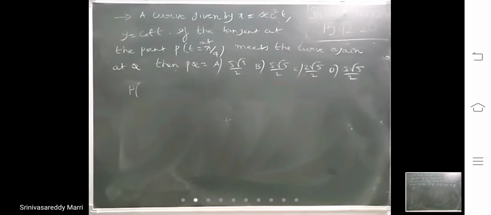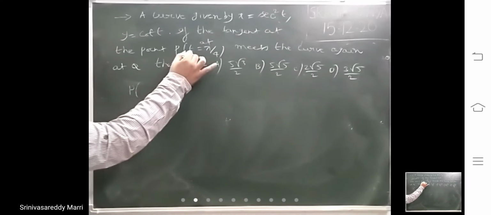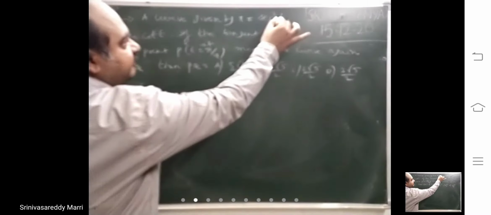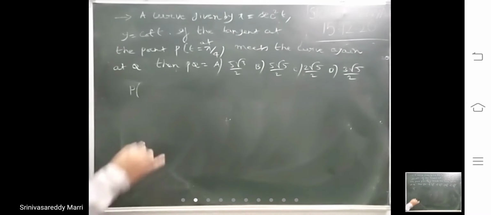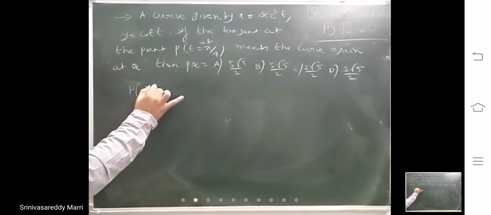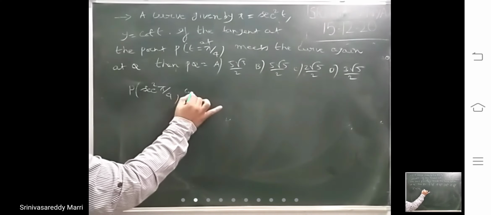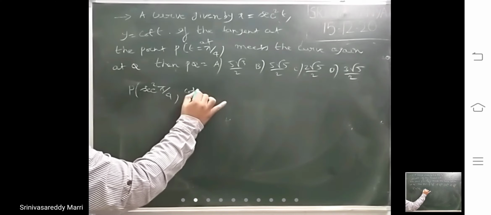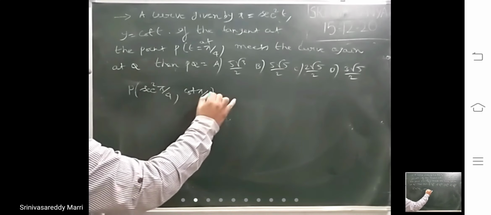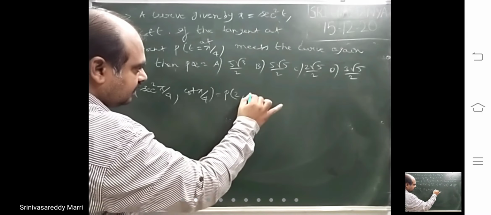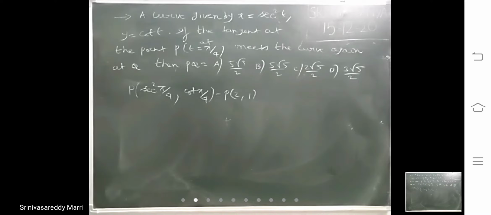If you substitute pi by 4 here, X is secant square pi by 4, and the y coordinate is cot pi by 4. That means this is 2 comma 1. So at this point you have to find the equation of tangent.